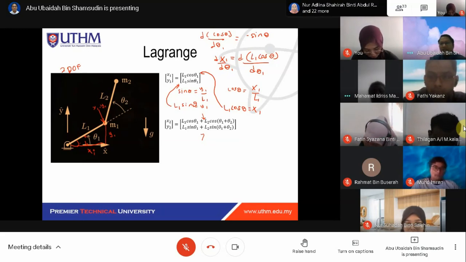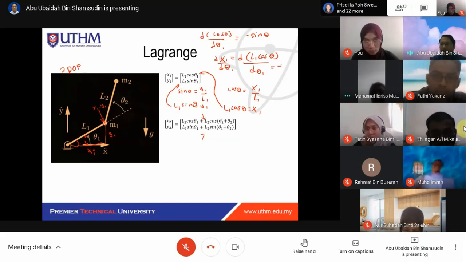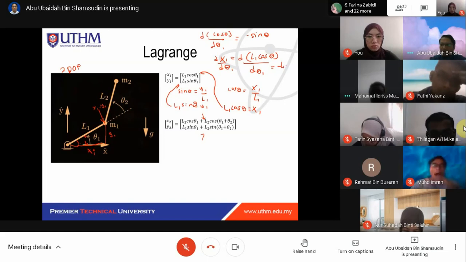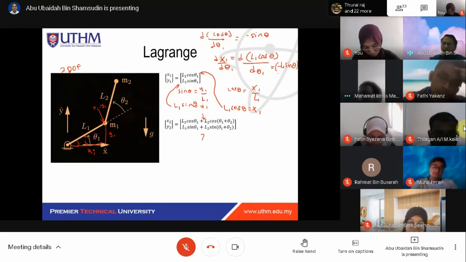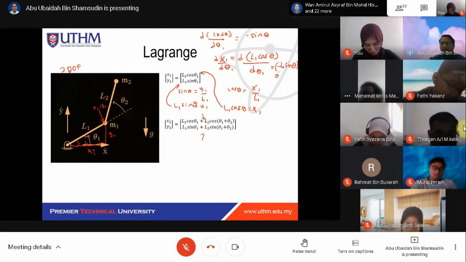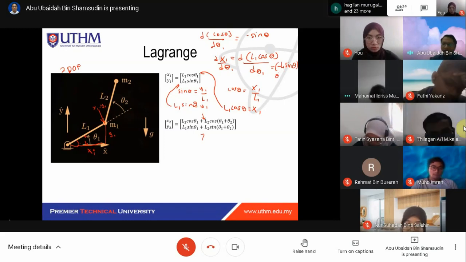Actually, you will just get, it is correct, negative L1 sine theta, multiplied by theta dot. So that's all. If you differentiate cos, you will get negative sine.